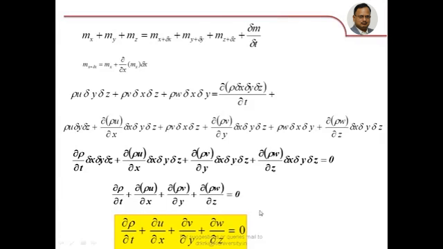This is called the continuity equation. If you consider steady state, dou rho by dou t becomes 0, and in two dimensions it is dou u by dou x plus dou v by dou y is equal to 0.